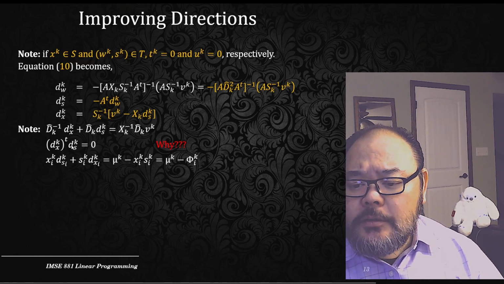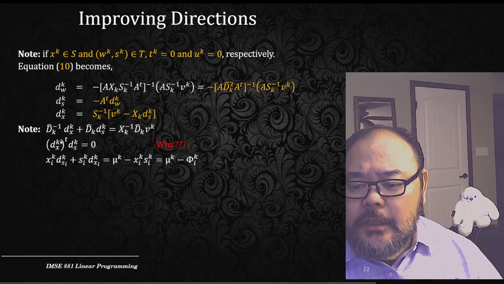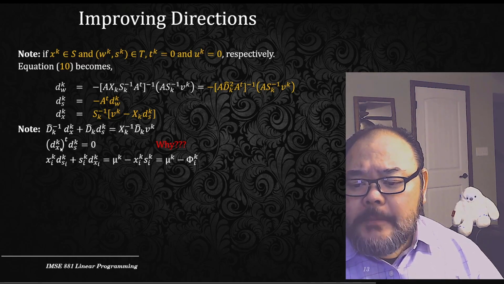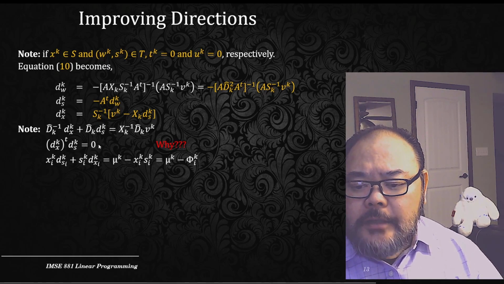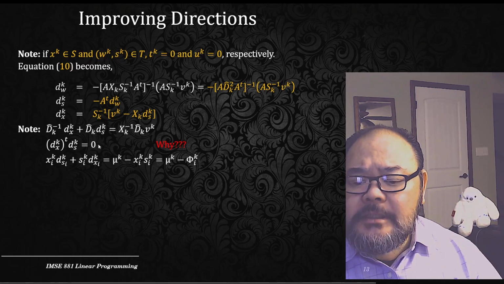Okay, and also we want to prove that dxk transpose times dsk equals 0. So the direction for the primal variable and the direction for the dual slack are actually perpendicular to each other.